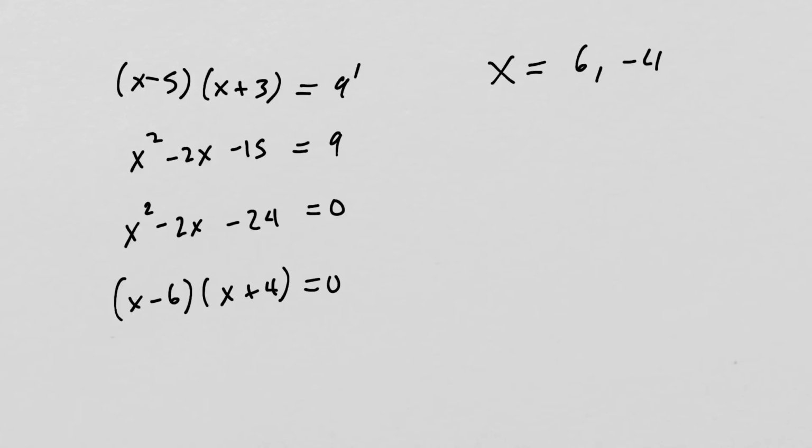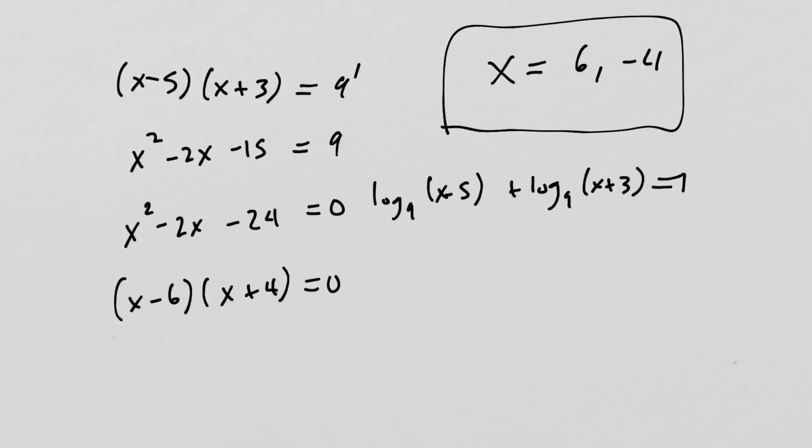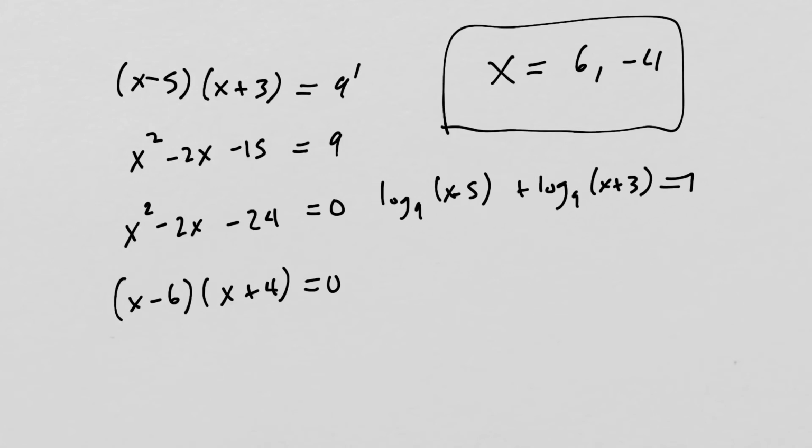While we just found the possible x values, we have to make sure that these values are inside the domain of our logarithms. Let's bring the original equation back. So here's our original equation.